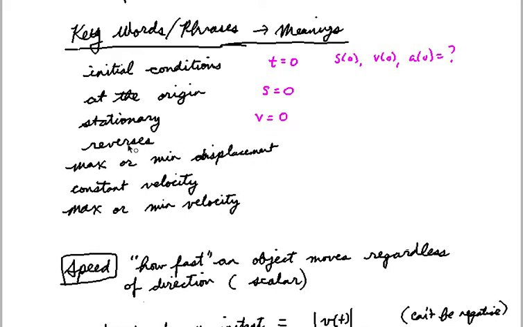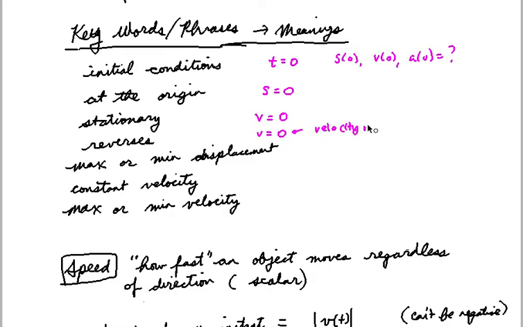If a body reverses direction or changes direction all of a sudden, what else does that tell me? It doesn't tell me the time, it doesn't tell me the displacement, but it does tell me that the velocity is going to be 0, possibly. But in this case, the velocity must change sign.